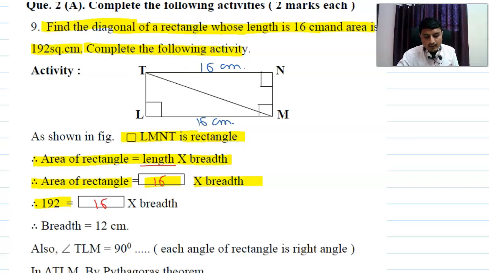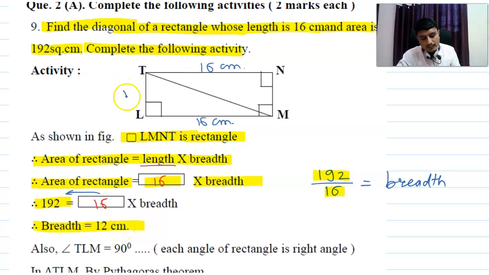The area of the rectangle is 192, which equals 16 into the breadth. To find the breadth, we shift the 16 from LHS to RHS, so we get 192 divided by 16, which equals the breadth of the rectangle. 192 divided by 16 is 12. So the breadth of the rectangle is 12. That means TL is 12 centimeter, which is the same as MN, equal to 12 centimeter.